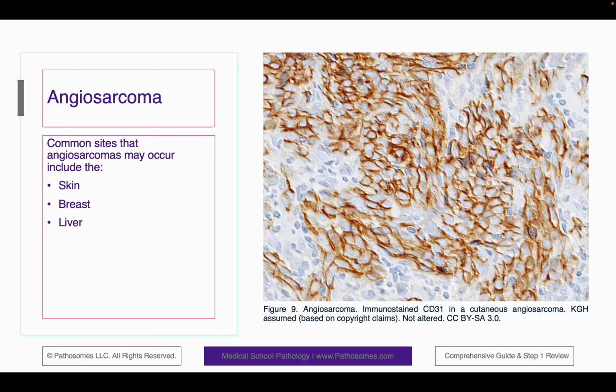Common sites that angiosarcomas may occur include the skin, the breast, and the liver. And note that angiosarcomas stain positive for CD31, particularly in this cutaneous angiosarcoma.